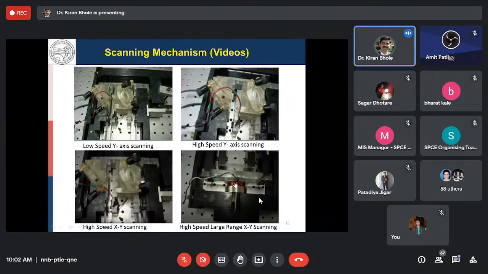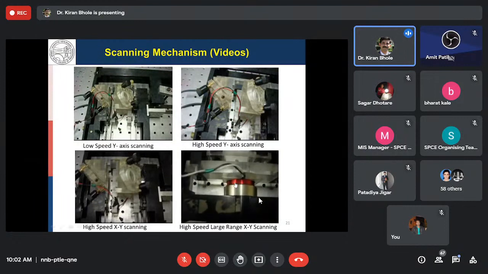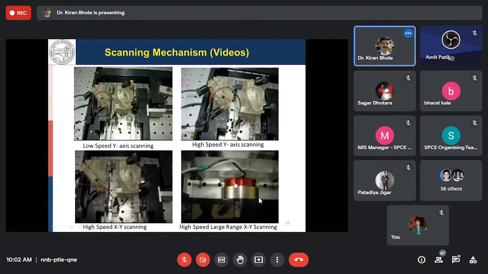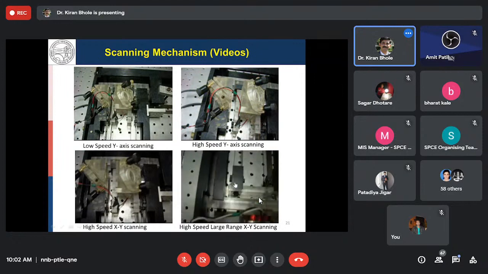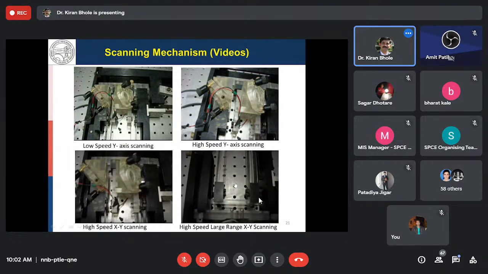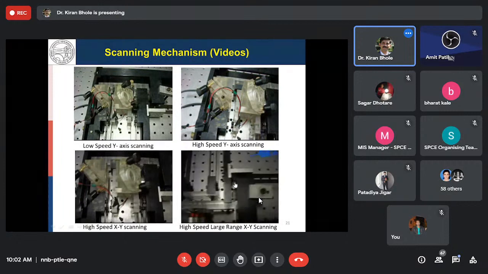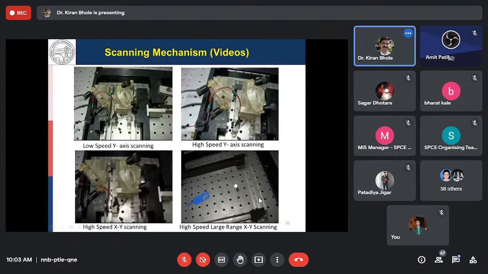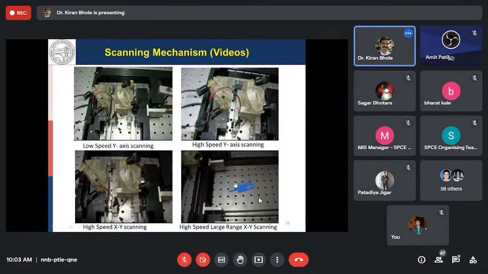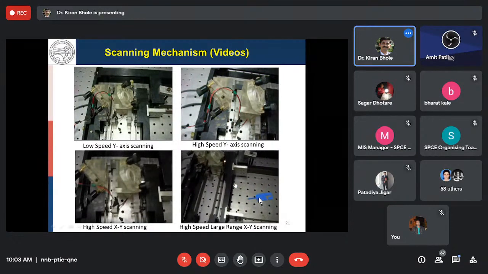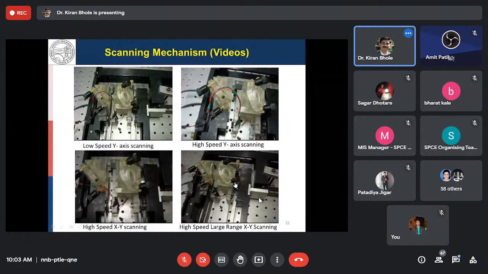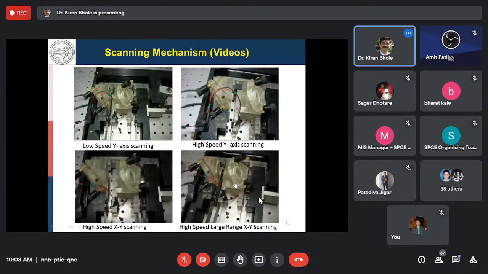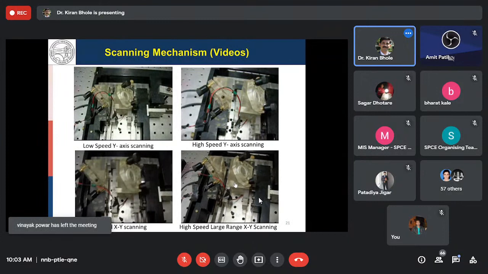That particular component is also capable of being produced, even at a high speed. Okay, so this is all about the demonstration.